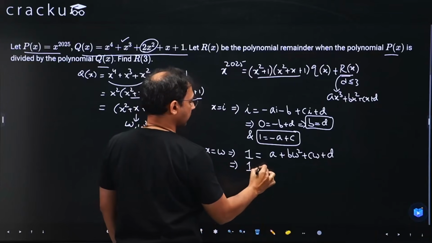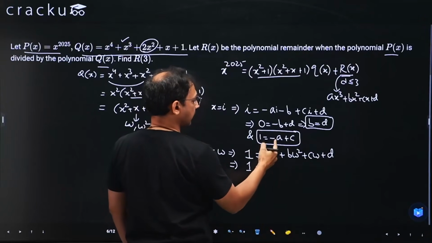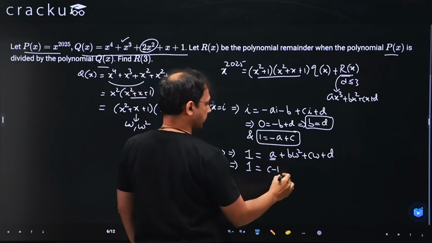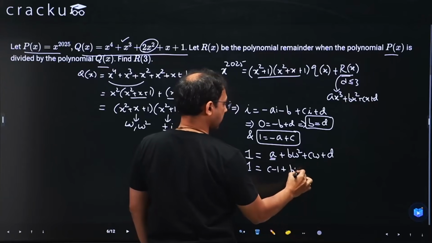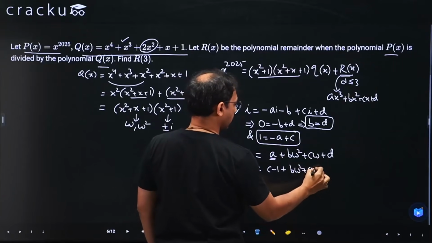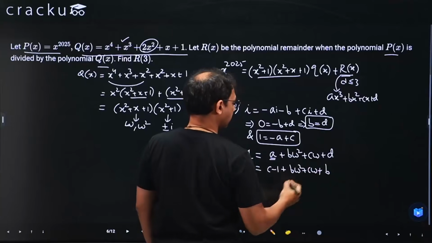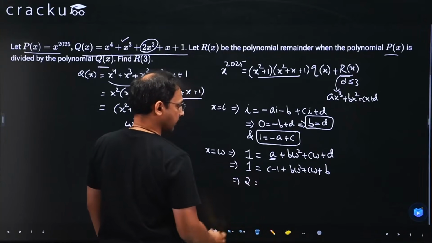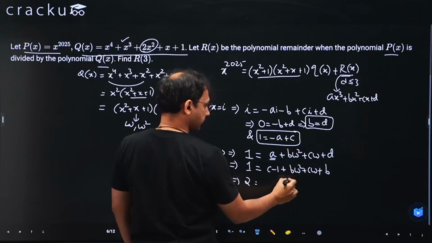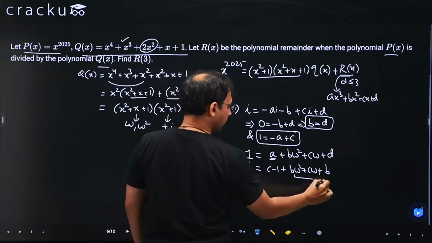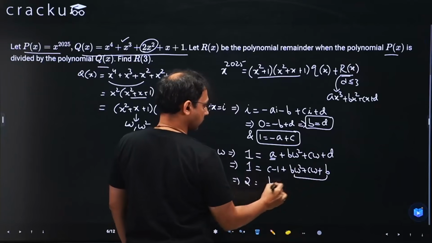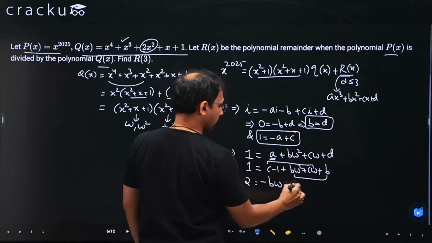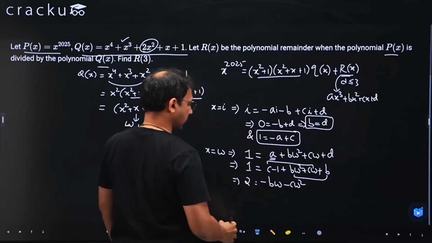This I'll write as 1 is equal to, a I will write as c minus 1 from this equation, plus b omega square plus c omega plus d, which is the same as b. So this 1 will become 2. b into 1 plus omega square. 1 plus omega square is minus omega. c into 1 plus omega, that is minus c omega square.